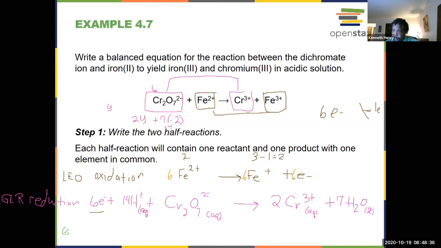So we have 6 Fe2+ plus 6e- plus 14 H+ plus Cr2O7 2-, and that's going to yield 6... oops, I got rid of my 3.